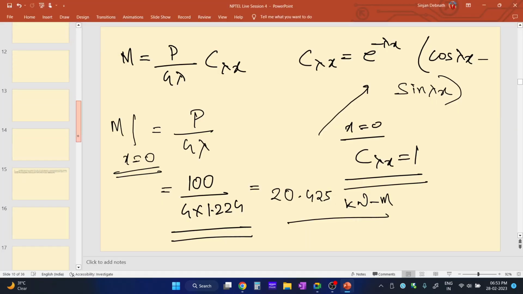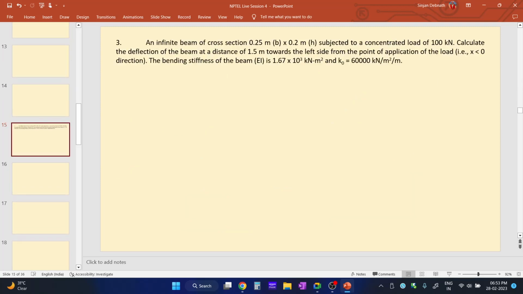So now let us go to the third question. This is also an infinite beam, and the geometry is also the same, subjected to a concentrated load of 100 kilonewton. Calculate the deflection of the beam at a distance of 1.5 meter towards the left side from the point of application of load.